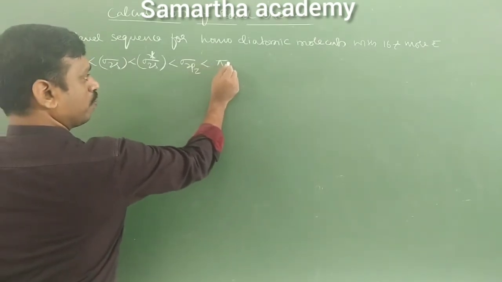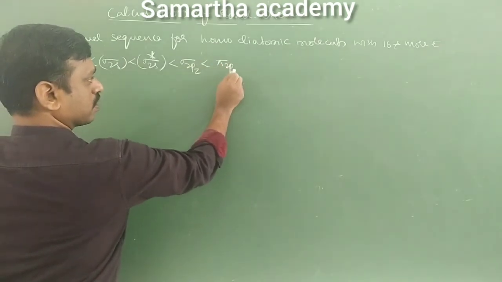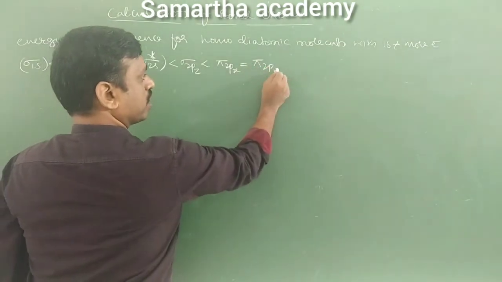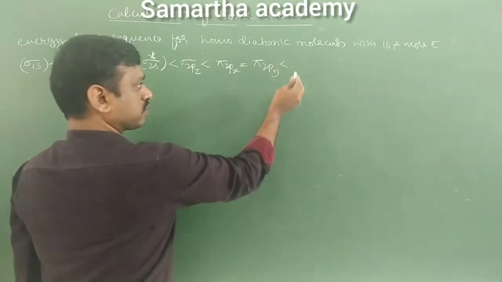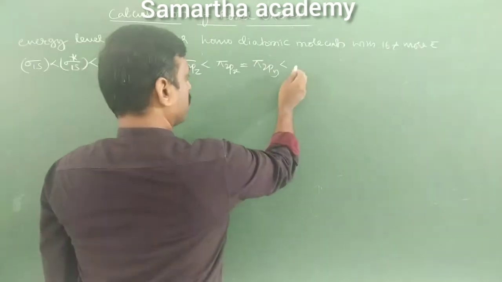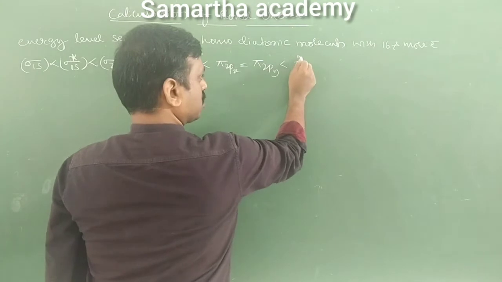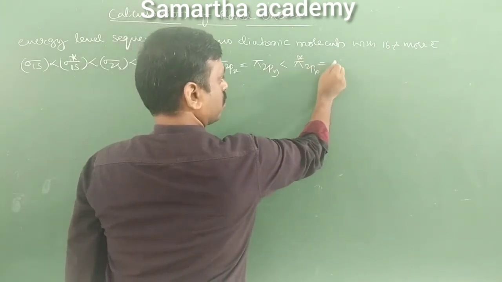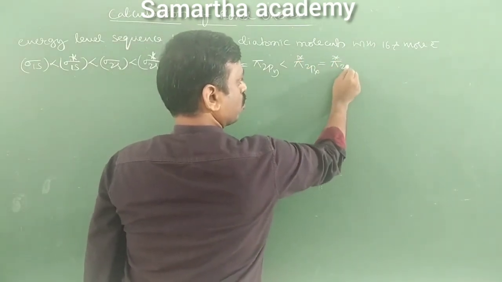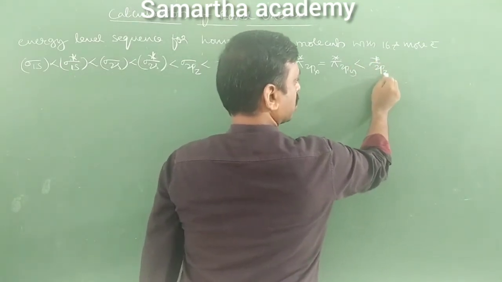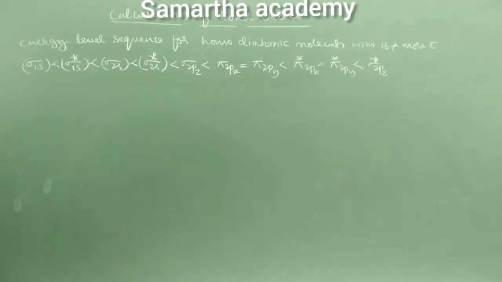Then pi 2px equal to pi 2py, next is pi star 2px equal to pi star 2py, and last is sigma star 2pz. So this is the energy level sequence for 16 and more electrons.